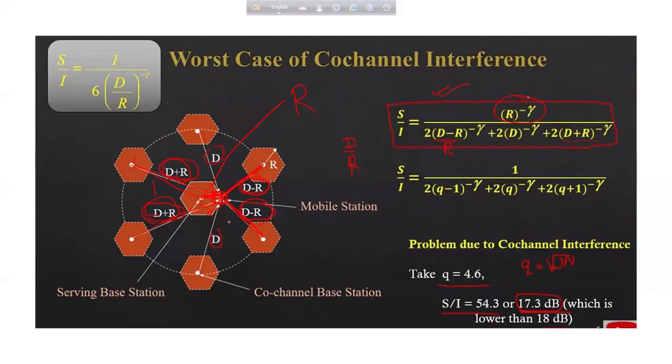This is actually taken here. So we have 2 times D minus R to the power minus gamma, 2 times D to the power minus gamma, 2 times D plus R to the power minus gamma.